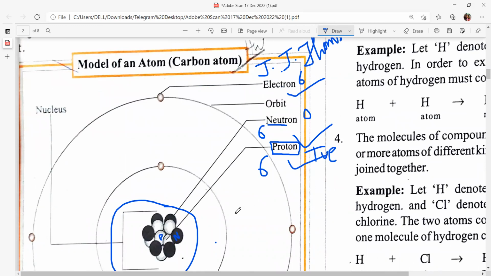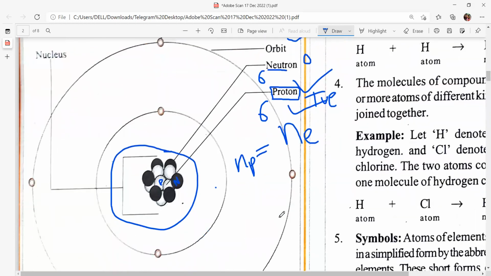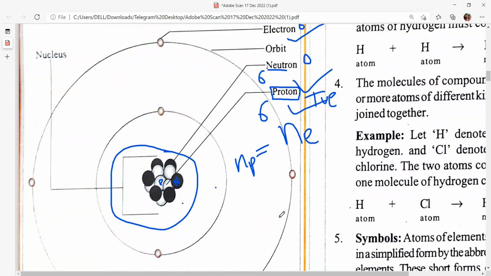Number of protons, Np, is equal to the number of electrons, Ne. See, 6, 6. So is the carbon atom neutral? Yes. So the carbon atom is electrically neutral. You have to write in the exam, electrically neutral.